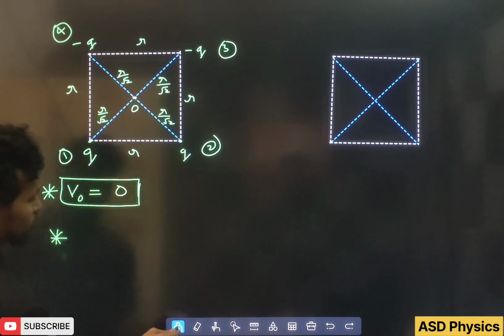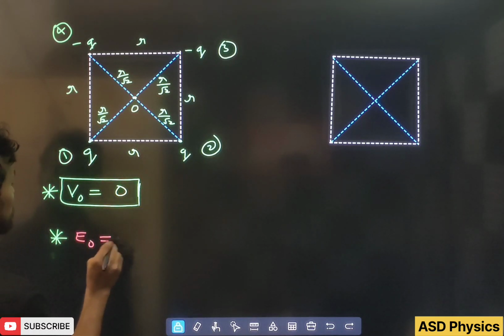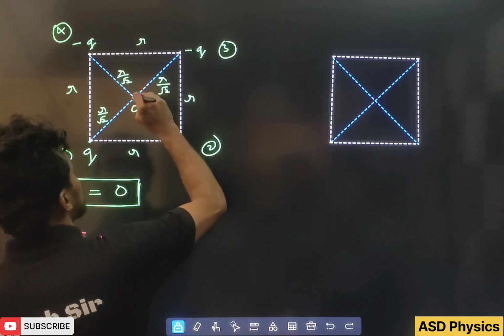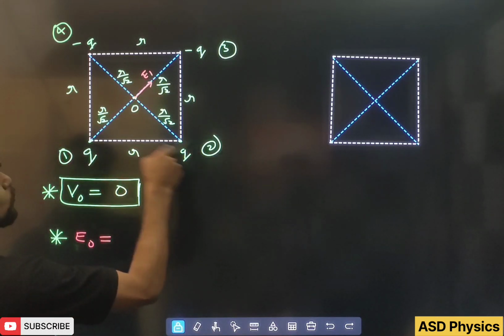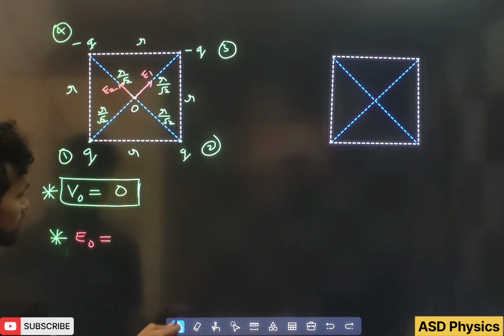Now the question arises of the electric field. How much will the electric field be at point O? Now again, let me draw the directions here. This is 1, that means positive charge, away, E1. Okay, 2, positive charge, away, E2. Now let me change the color.